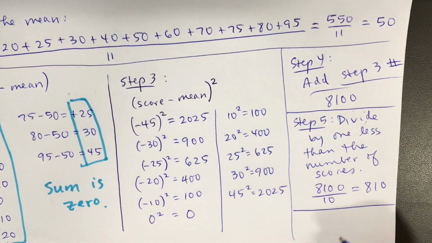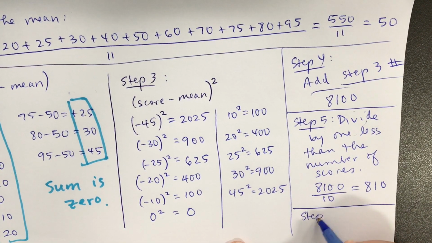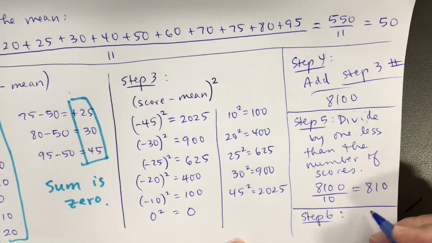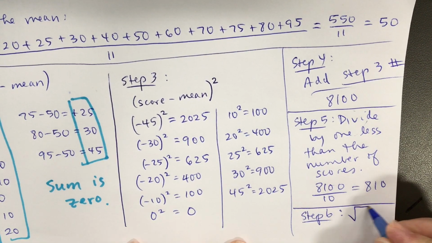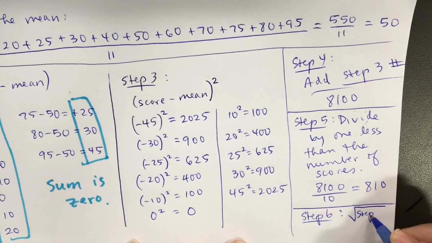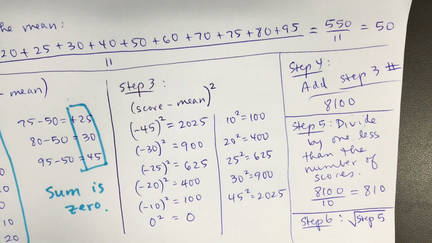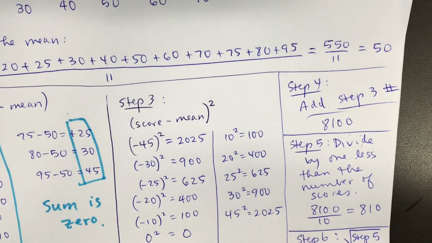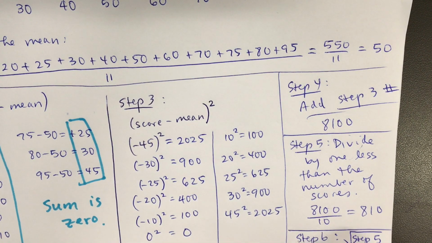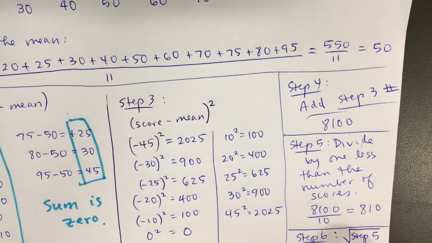Step 6, you do the square root of step 5. I'll just write square root step 5. This will be the square root of 810.